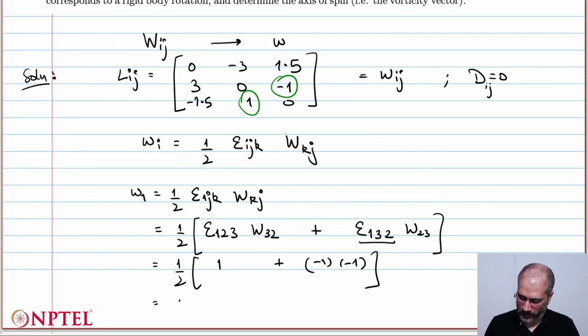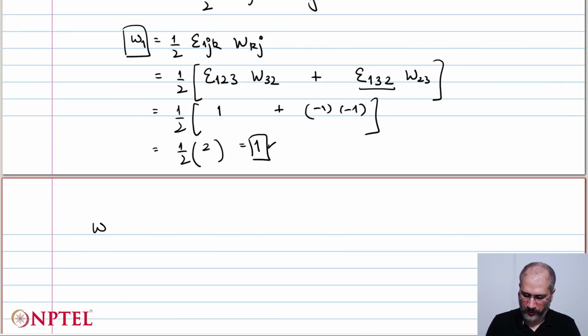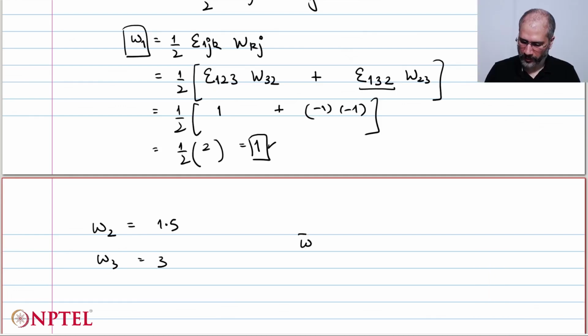So this becomes half of 1 plus 1, 2, which is ultimately a 1. So the first component of the vorticity vector omega is a 1. And similarly, I'll leave it to you to find omega 2 as 1.5 and omega 3 as a 3. So the omega vector therefore is E1 plus 3 by 2 E2 plus 3 times E3. So this completes problem 4.